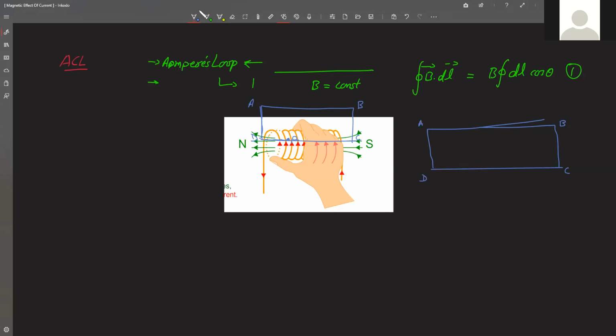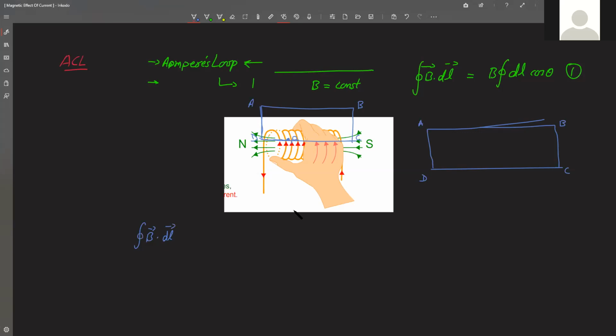Now, if I have to find B dot dl of this, the small segment dl on this can be thought of as consisting of 4 parts. So we have to find B dot dl of this closed loop.